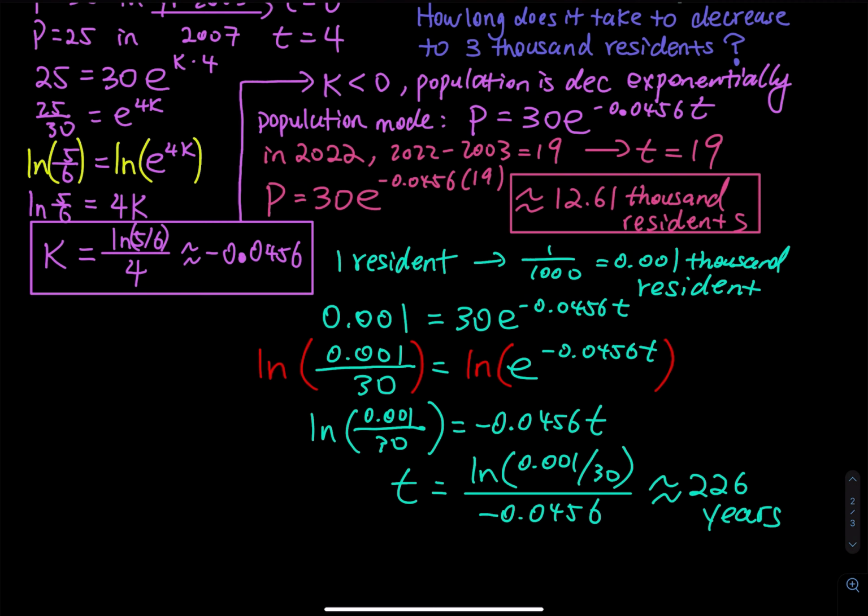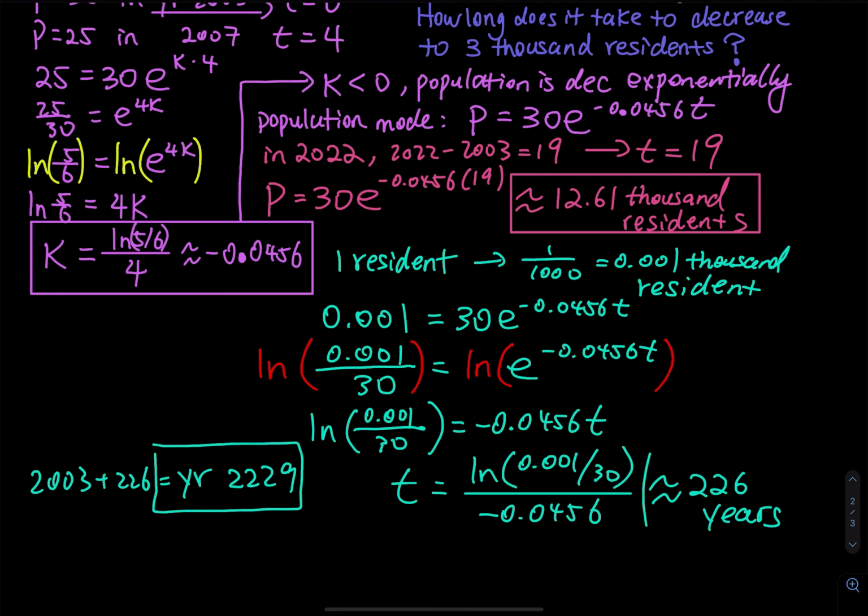And then 2003 plus 226 is equal to what year? That is equal to year 2229. It takes that many years to reach one resident, and that year is 2229.